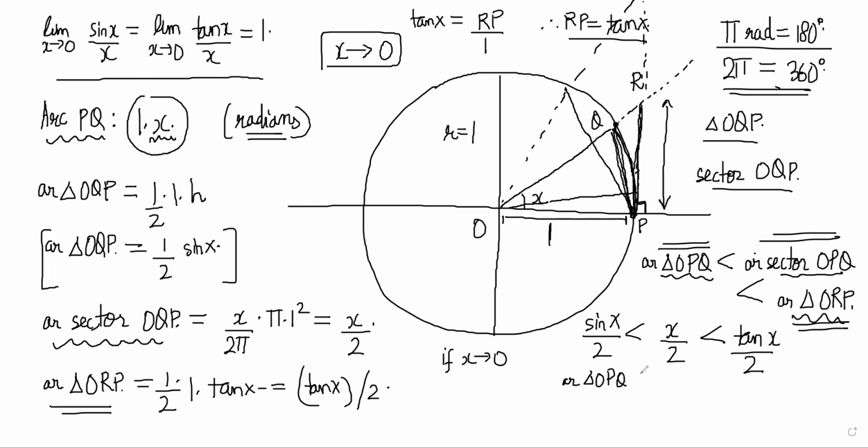Yes, sir. So what we can say is that if x tends to 0, you can write area of triangle OPQ is less than or equal to area of sector OPQ is less than or equal to area of triangle ORP. This equal to sign is coming only if the angle is becoming really close to 0, right? Yes, sir. Because all the three things will start coinciding.